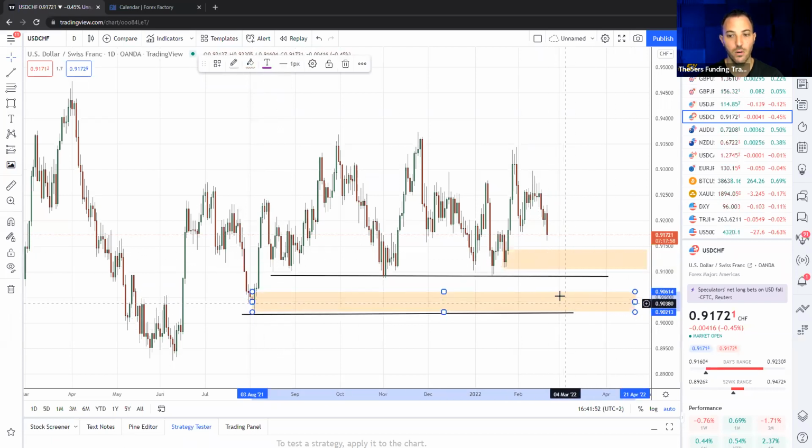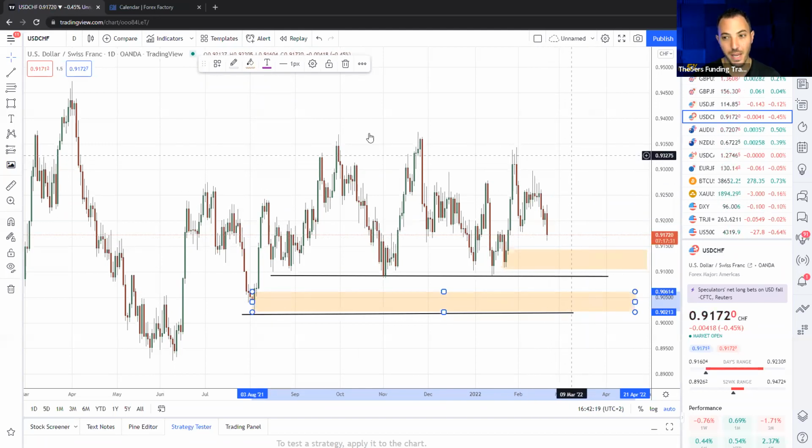So a fail of that one would bring prices all the way to these levels, and a great opportunity to buy. So for me, this is a great scenario. For the week, I would be buying this area. If that fails, I would buy the next area down here. That would be my plan. If the market goes up, then I would look to sell this area.